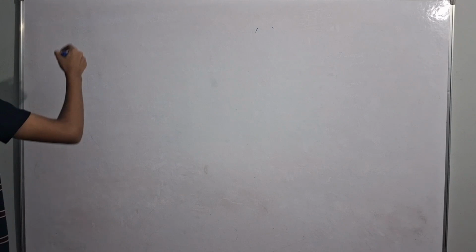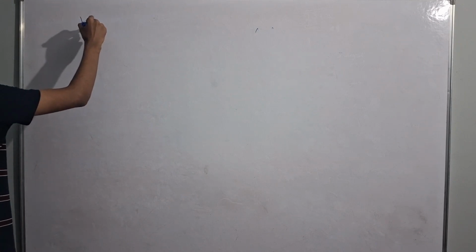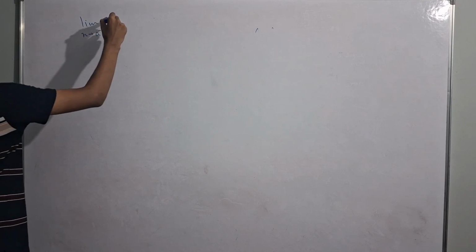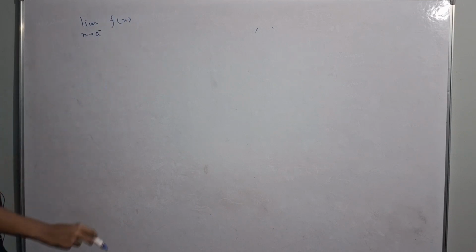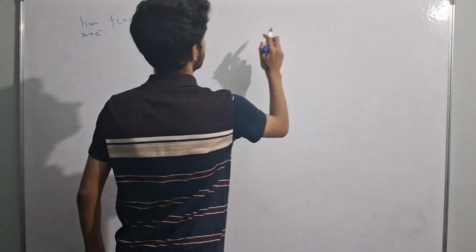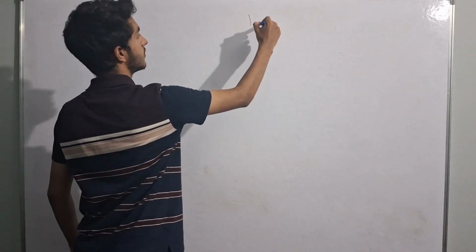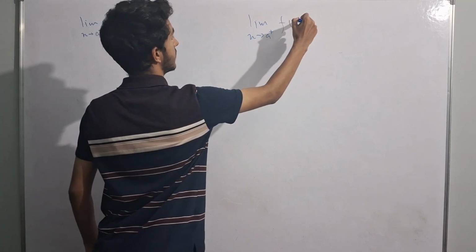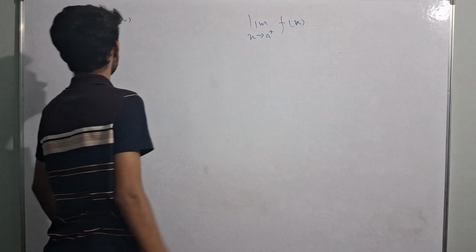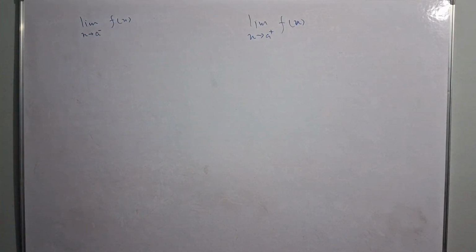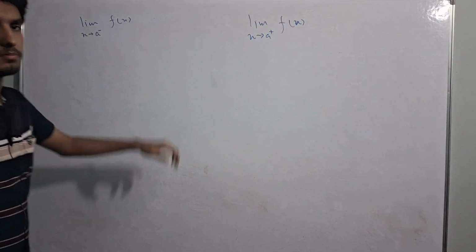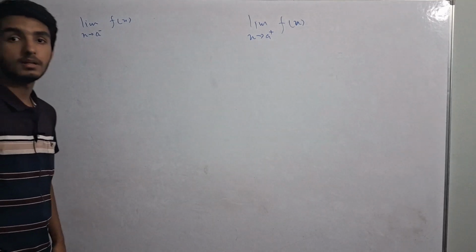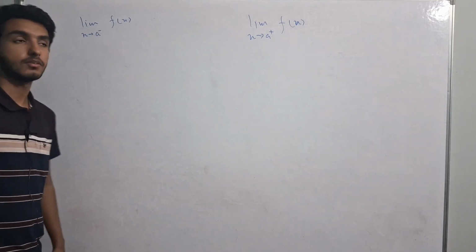Basically the left hand limit is written as x tends to a negative f(x), and the right hand limit is written as x tends to a positive f(x). So we cannot just put in the value of a negative or a positive in place of x. So what do we do? We try to replace a with another limit, let's say h.